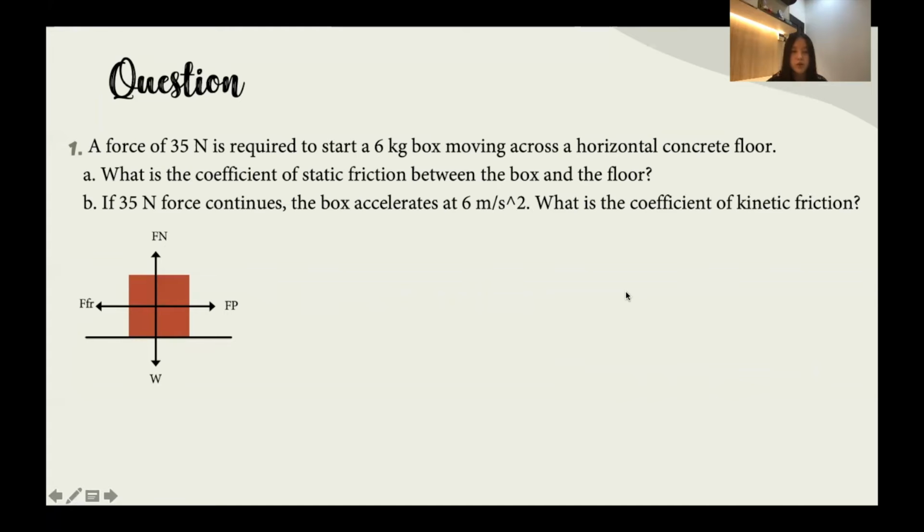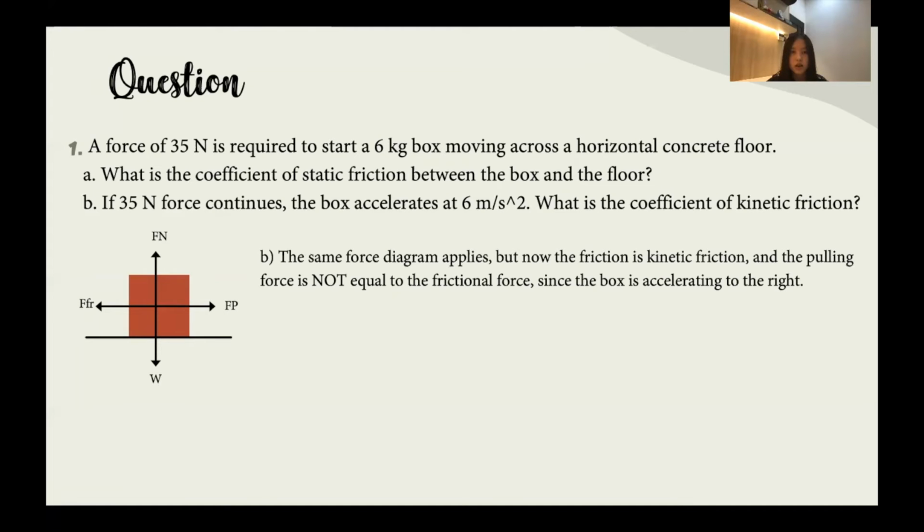Next we'll proceed to part B. For part B, we are going to find the coefficient of kinetic friction. Because the box is accelerating to the right, the pulling force and the frictional force are not balanced.